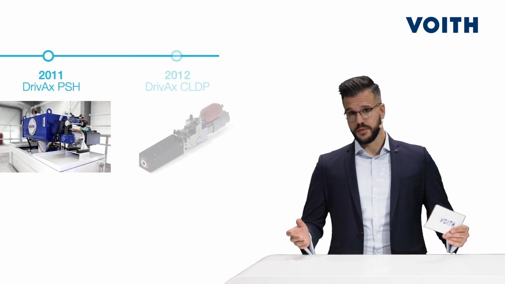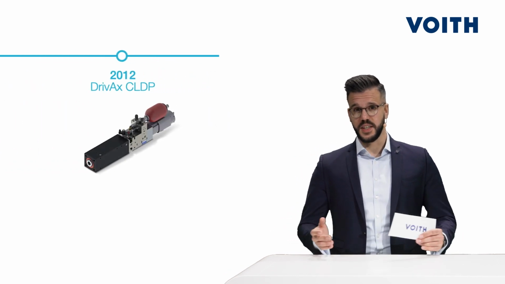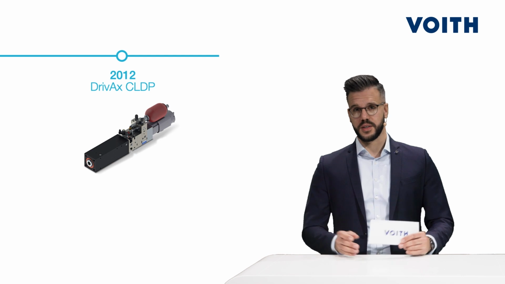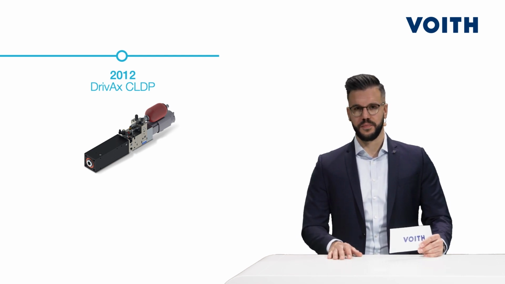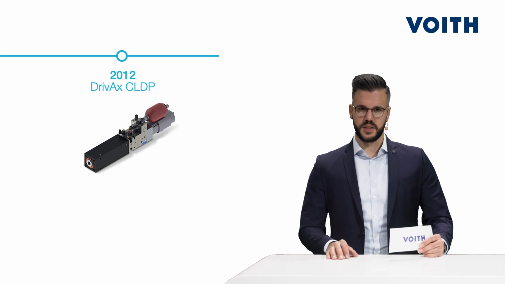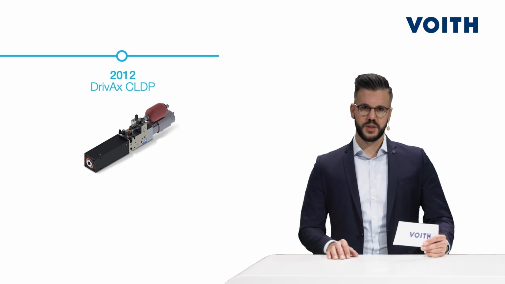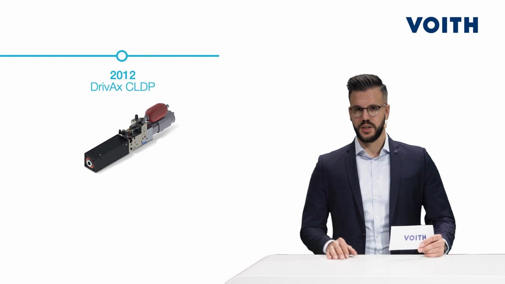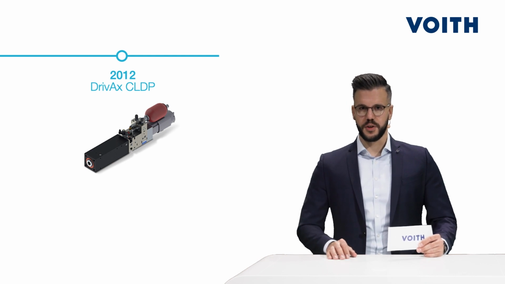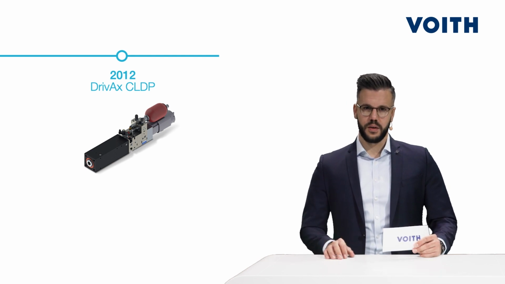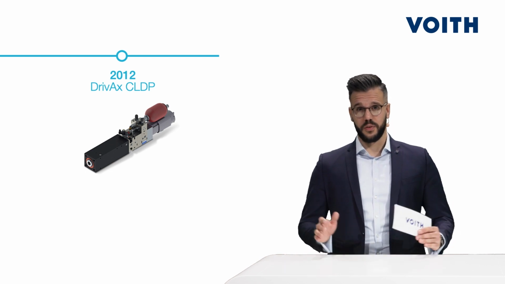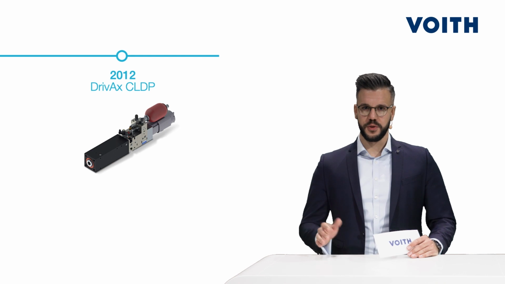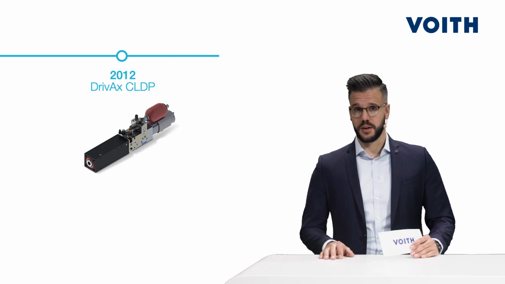In 2012, the DrivAx CLDP was introduced to the market, and with it, the world's first self-contained servo drive. At the heart of the system are two internal gear pumps whose volume flows are matched to the area ratio of the differential cylinder. In addition, there is an intelligent control system with field bus connection, a pressure fuse, and a small expansion tank.